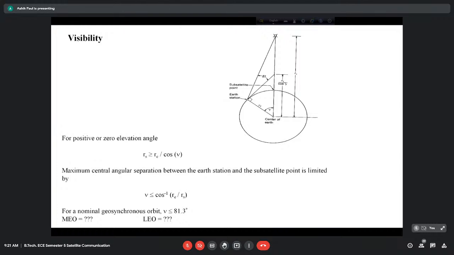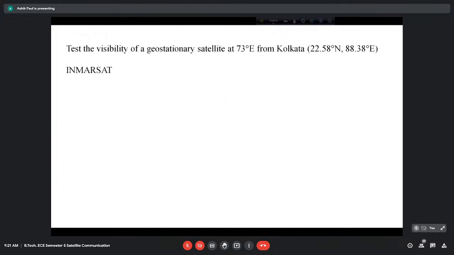Okay. So let's move ahead. In the last class we calculated the elevation and azimuth of a geostationary satellite located at 73 degrees east. That satellite is FleetSatcom, as I had mentioned perhaps in the last class.